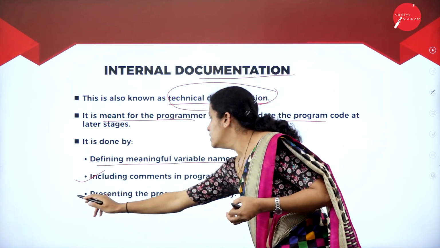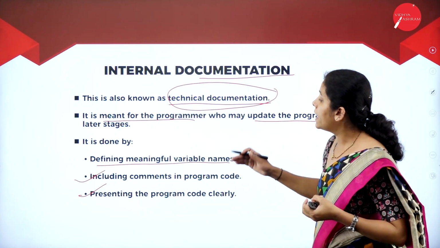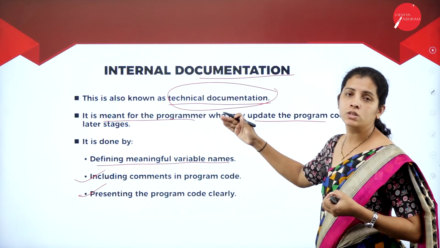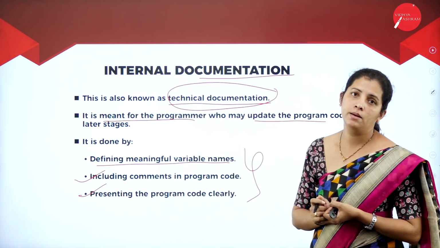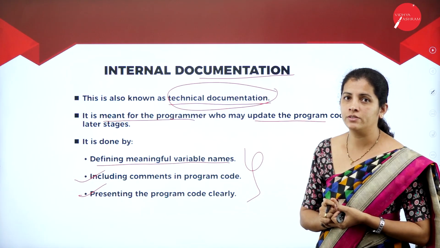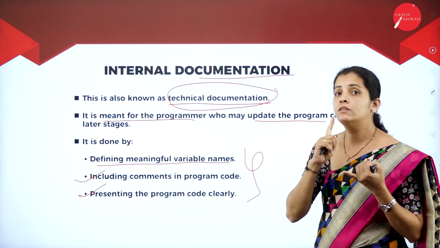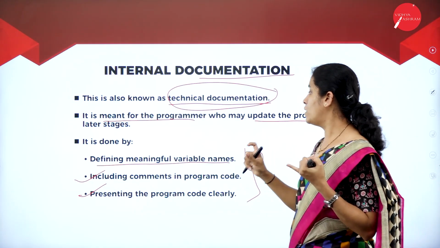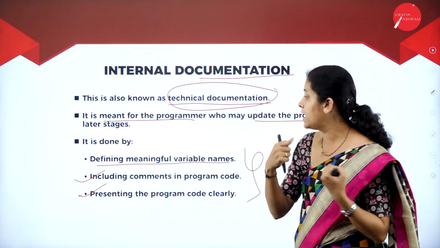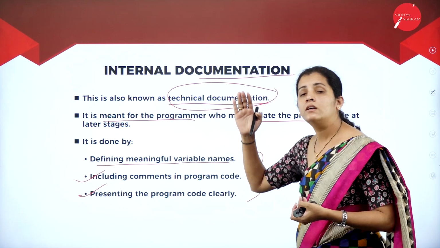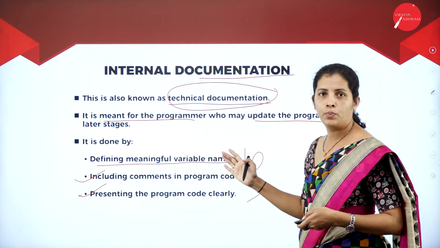Along with that, presenting the program code clearly, that means writing program code clearly. These are the things included in my internal documentation. That means internal documentation includes complete information about the variable names, comments related to each line, along with clear logical code related to your program.